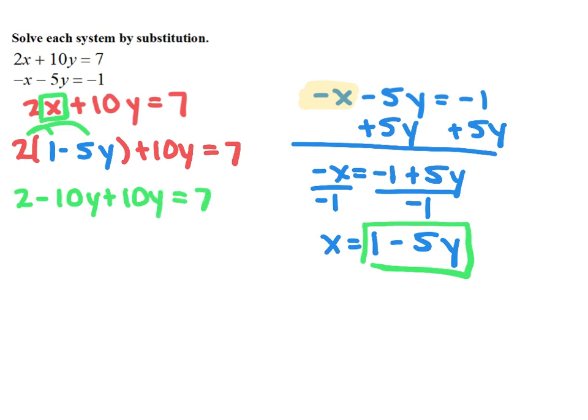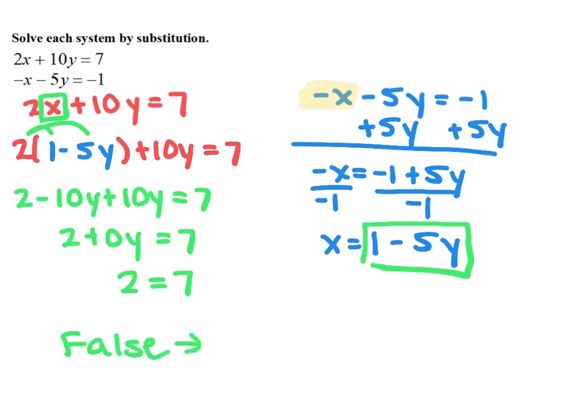The negative 10y plus 10y becomes 2 plus 0y equals 7. And again, we don't have to write that 0. So it becomes 2 equals 7. Now since this is false, this means that there is no solution to the system.